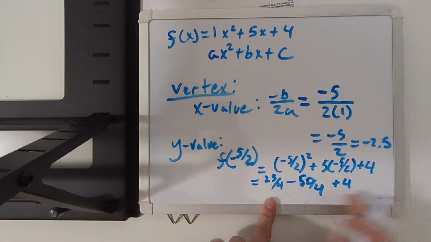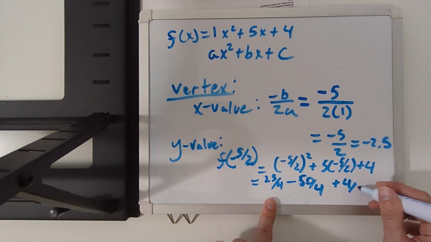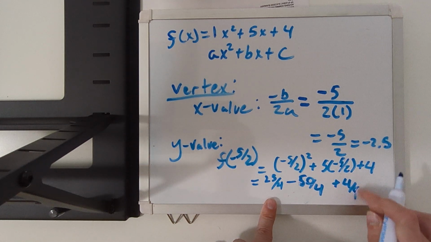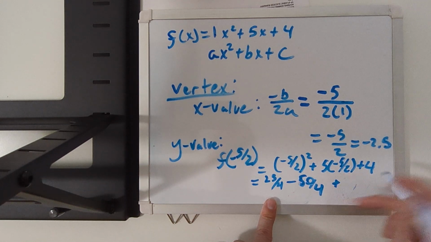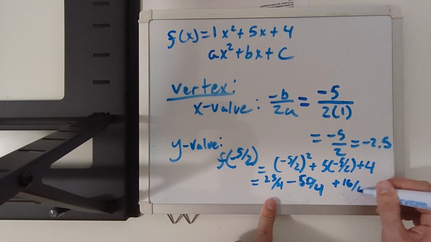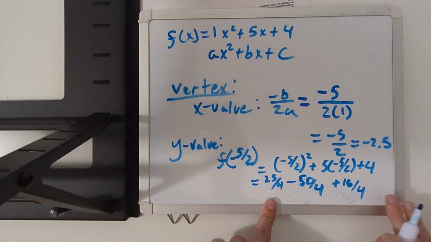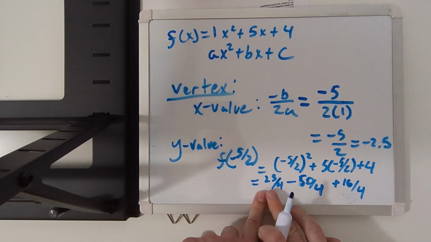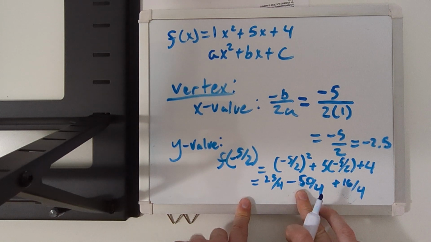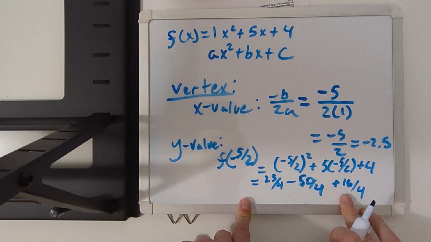Those are the same fraction. 4, or 4 over 1, I multiply the bottom by 4 and the top by 4. So 4 is the same as 16 fourths. And now that they have a common denominator, it's pretty easy to combine them. 25 minus 50 is negative 25, plus 16 is negative 9. So the y value is negative 9 fourths.